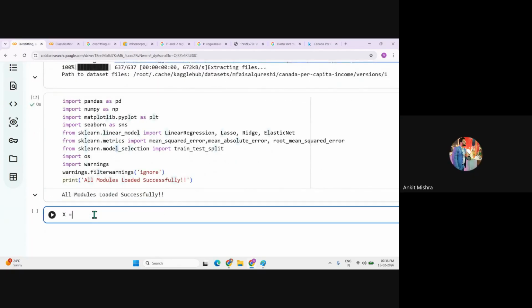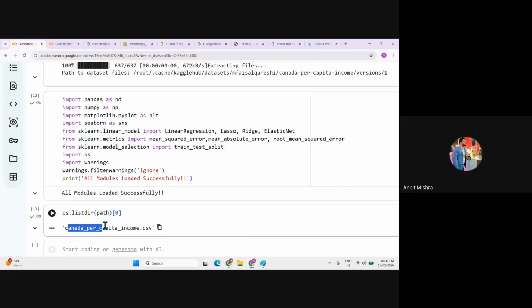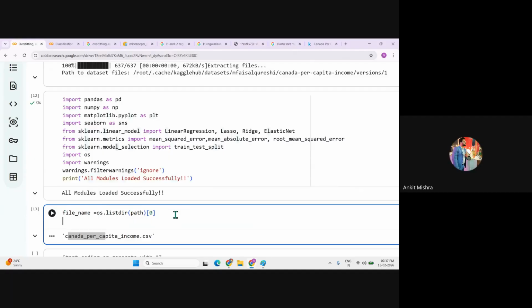Now let me convert the data into X and Y parts. Call os.listdir and paste the path that we have. Use index zero to get the file name, something like Canada, and store this inside the file name. Create a file path. I hope everyone is aware of that, since we have used this code multiple times.